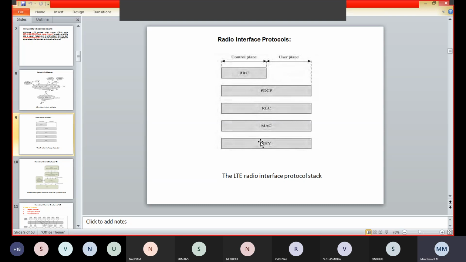The next layer we have is PDCP, that is packet data convergence protocol.